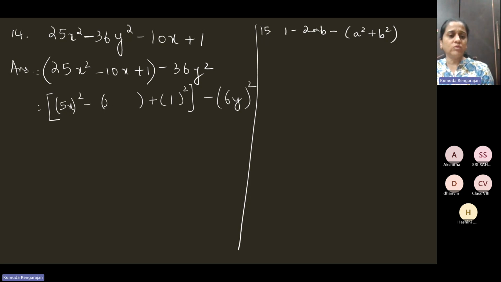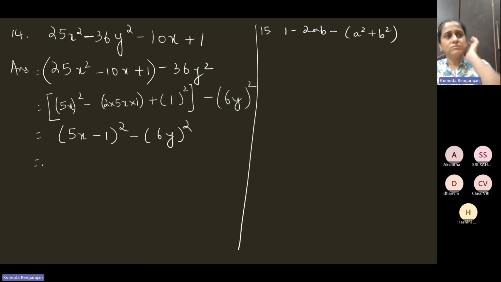So the middle term will be 2 into 5x into 1. Check: 5x into 2, 10x into 1, 10x. Yes, you're getting the middle term. This is of the form a squared minus 2ab plus b squared, so it will be a minus b the whole square. What is a? 5x the whole square, minus 6y the whole square.